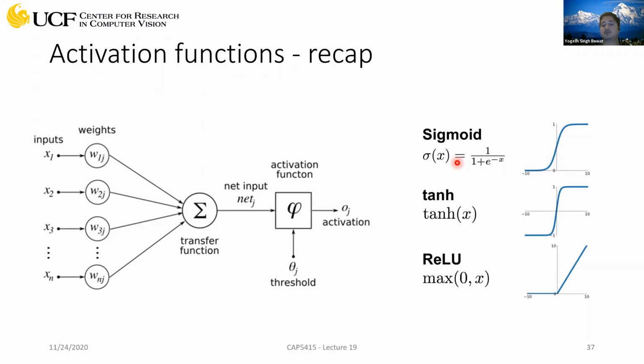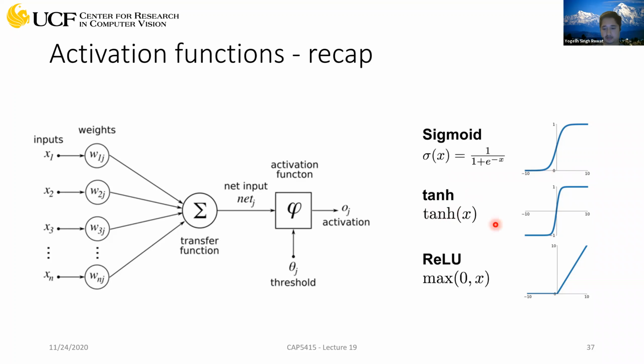Depending upon which activation function you are using, your normalized values will be different. If you're using a sigmoid activation, that's the formula, it will make the values between 0 and 1. Whatever your input activations are, your output is always going to be between 0 and 1.